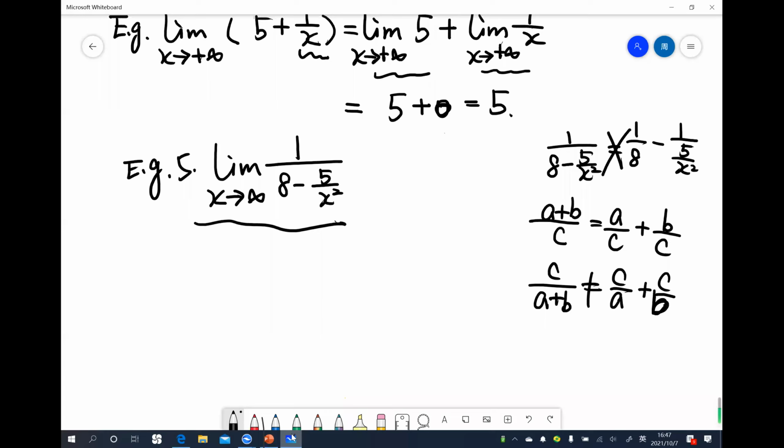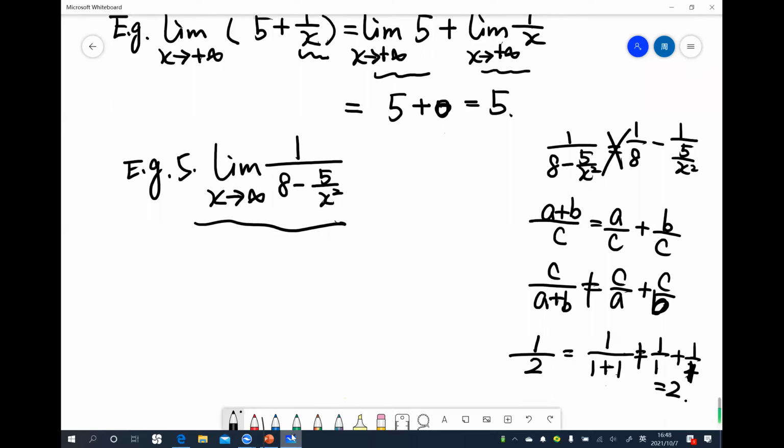For example, 1 by 2 can be written as 1 by 1 plus 1, right? But obviously that is not equal to 1 by 1 plus 1 by 1, because 1 by 1 equals 2.